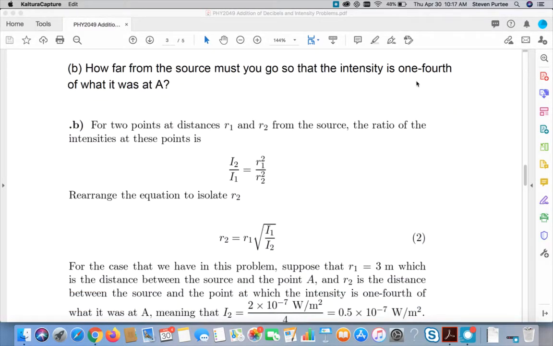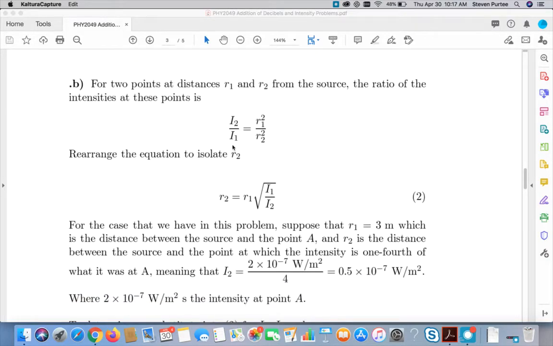We want to go far enough out that we get 1/4 the intensity that we had at A. When intensity drops off like 1 over r squared, if you want 1/4 the intensity, you would have to go twice as far. If you double your radius, you'll get 1/4 the intensity.